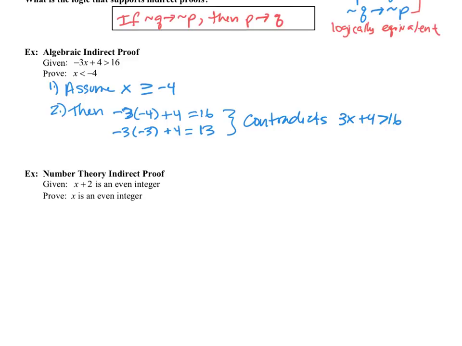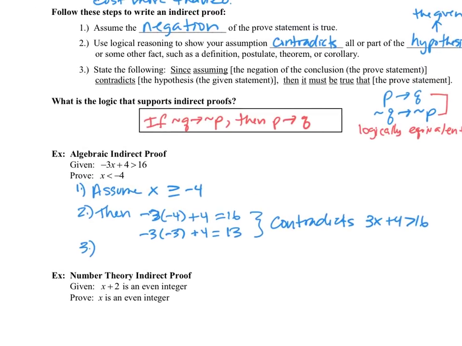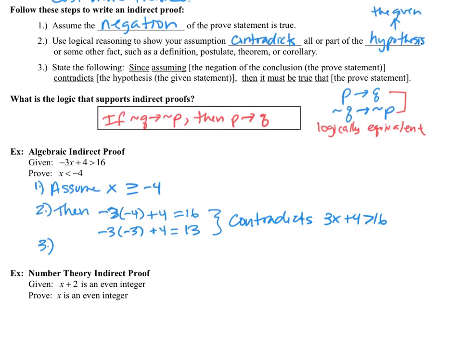All right, so now we're ready to make our conclusion. So follow that template that I showed you up here. We're going to say, since assuming the negation of our conclusion, which in this case, we assume that x is greater than or equal to negative 4. So since assuming, you'll say those words in every indirect proof.